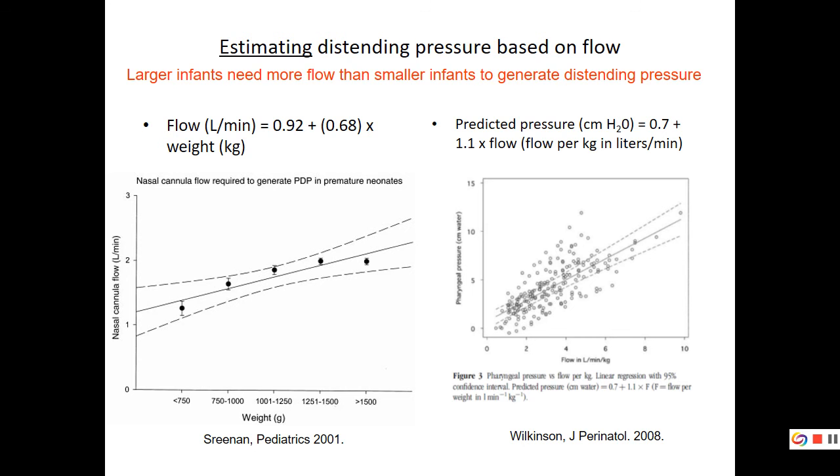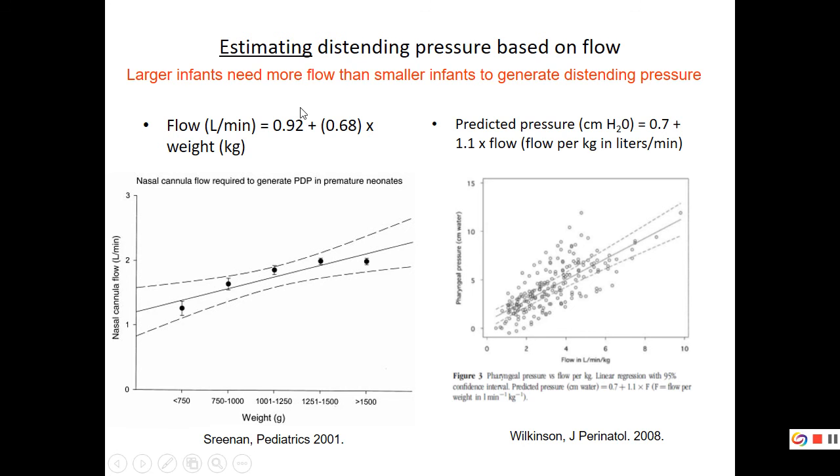So if you're a 4 kilo kid on 1 liter of high flow, you're probably not getting a whole lot of distending pressure as compared to like an 800 grammer on 1 liter. Okay, does that make sense? So bigger babies seem to need more flow, but again, it's unpredictable.